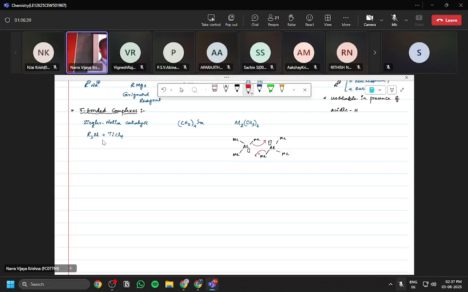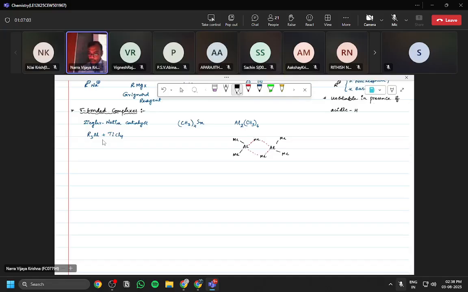Banana bond, a 3-centered 2-electron bond. So that's why I'm removing this and writing it so. Will you understand? Now here between metal and carbon, is it a covalent bond or not? So it is an example of sigma bonded complexes.